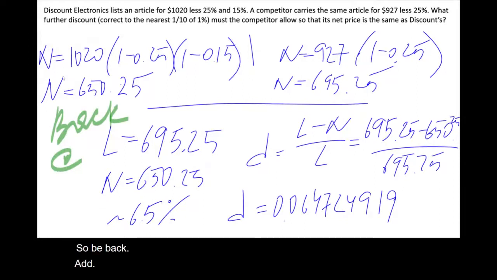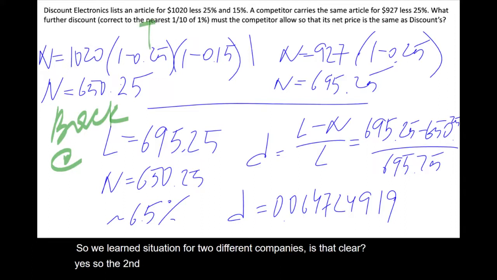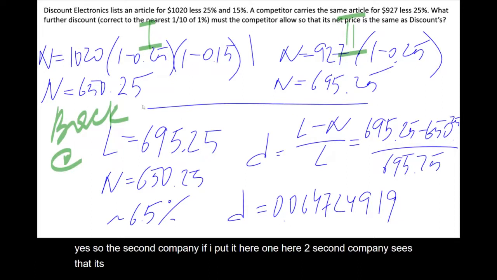Okay, we looked at the situation for two different companies. Is that clear? Yes. So the second company, if I put it here, one, here, two, the second company sees that its competitor has a different price, which is a lesser amount. Is that part clear?